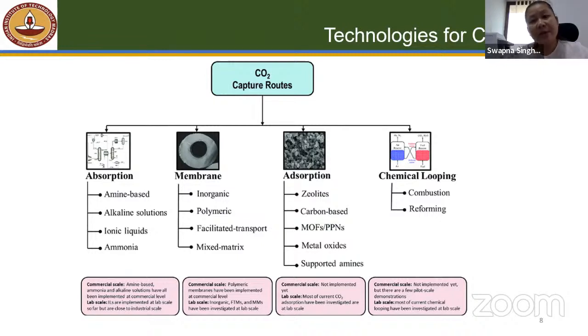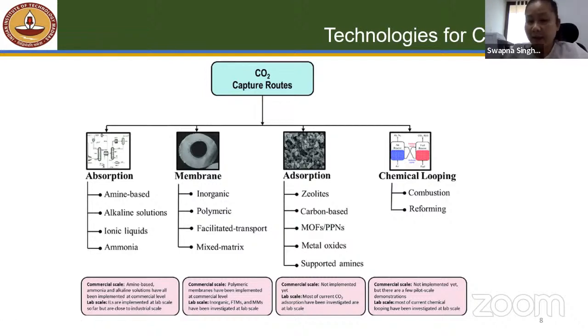This technology is very attractive right now because you can regenerate the solid sorbent materials quickly compared to amine-based, because separating the CO2 from an amine solution is a bit more difficult than separating from a solid.